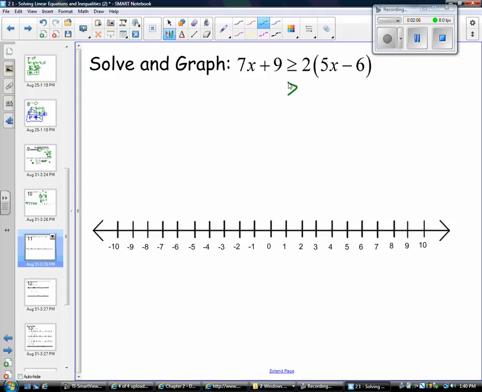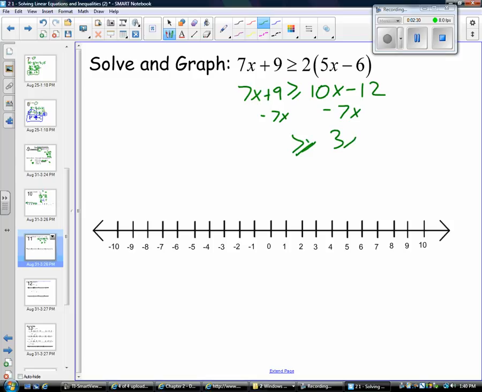First thing we want to do is distribute the right-hand side, so 10x minus 12, and we can keep the left-hand side. Then we want to collect like terms. It doesn't matter which direction you put the x's or the y's. So -7x, and I'm choosing this way just to keep my x's positive.